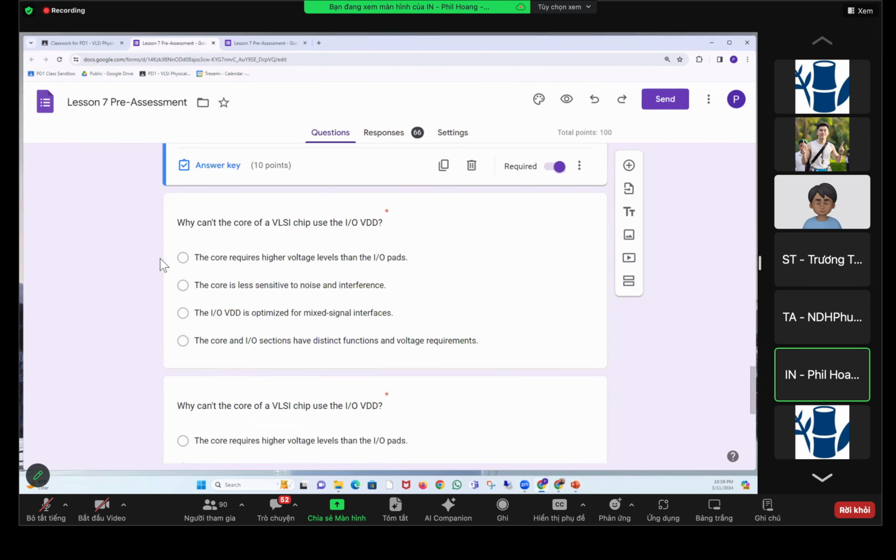Why can't the core of a VLSI chip use the I/O VDD? The core requires higher voltage. The core is less sensitive to noise and interference. The I/O VDD is optimized for mixed signal interface. The core and I/O sections have distinct functions and voltage requirements.